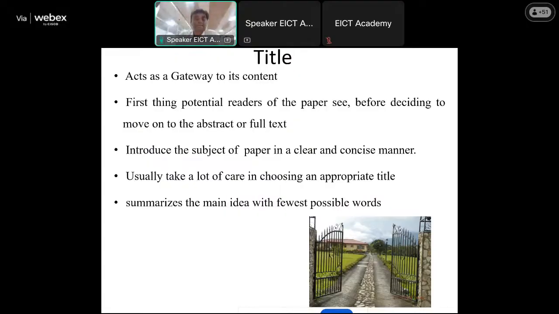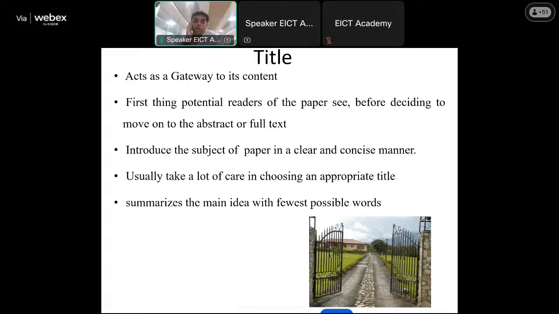Okay, so it basically acts as a gateway to its content. The first thing a potential reader of the paper sees, before deciding to move on to the abstract or the full text, is the title. The title should introduce the subject matter in a clear and concise manner. So whatever you have written inside your paper should be reflected in the title.